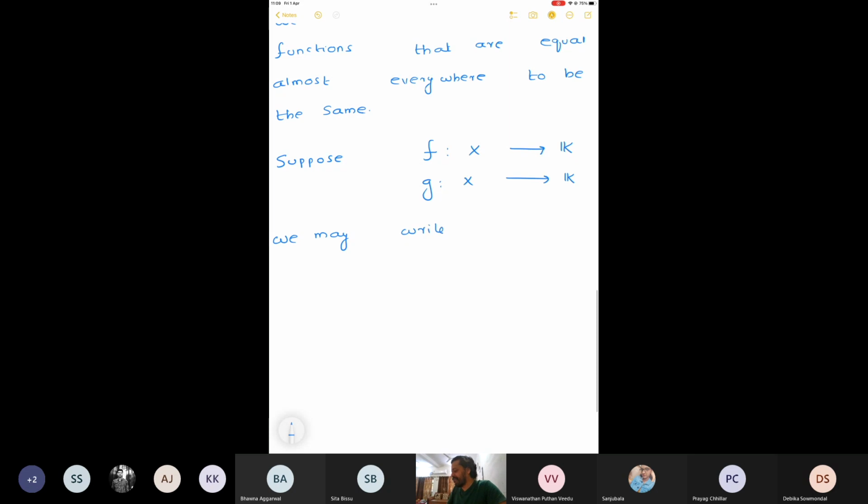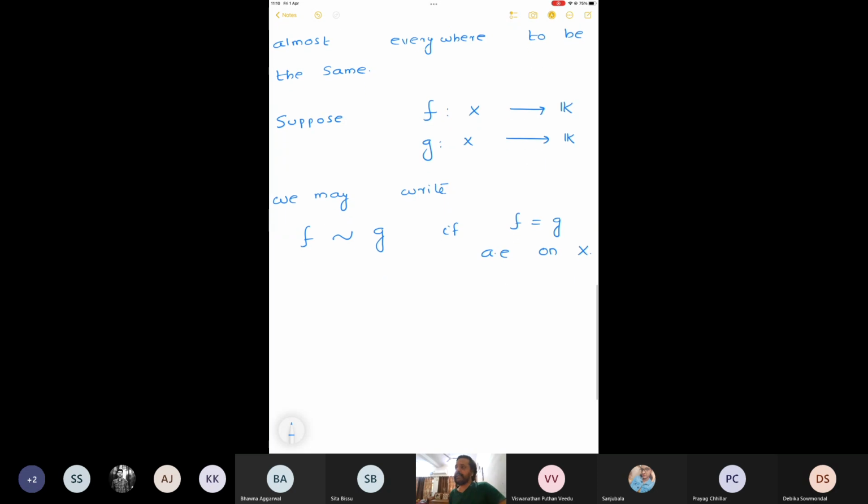We may treat f and g as the same, and I declare like this: f is equivalent to g if f is equal to g almost everywhere on X. Once the two functions are equal almost everywhere, I will treat them equal in quotes. I put the symbol tilde, equivalent you can say.